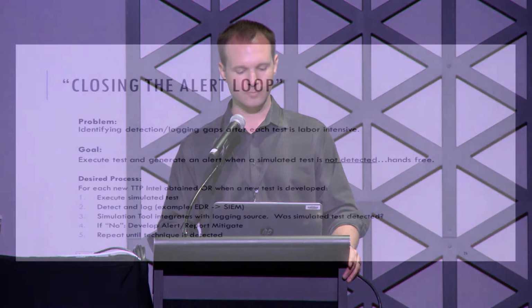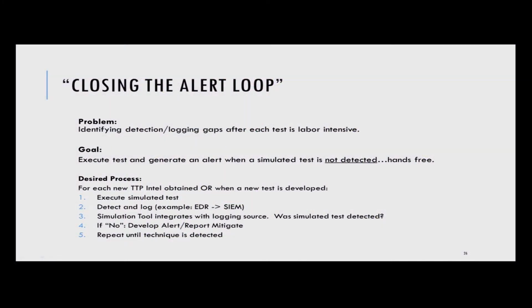So those are the four practical uses. I want to talk about a process issue throughout simulation that is a challenge. Chris Gates called it closing the alert loop. The problem is that after you perform a test, it takes a lot of manual effort to go into your logging system and validate: did my test detect, did it prevent?